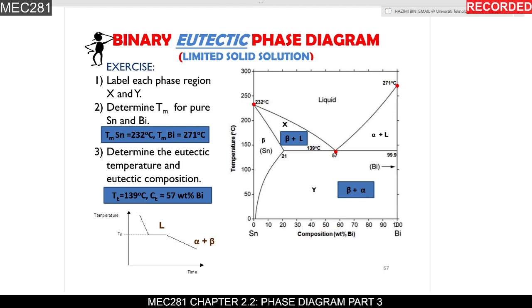Okay, bismuth. The atomic number of bismuth is 83. You can refer to your periodic table.